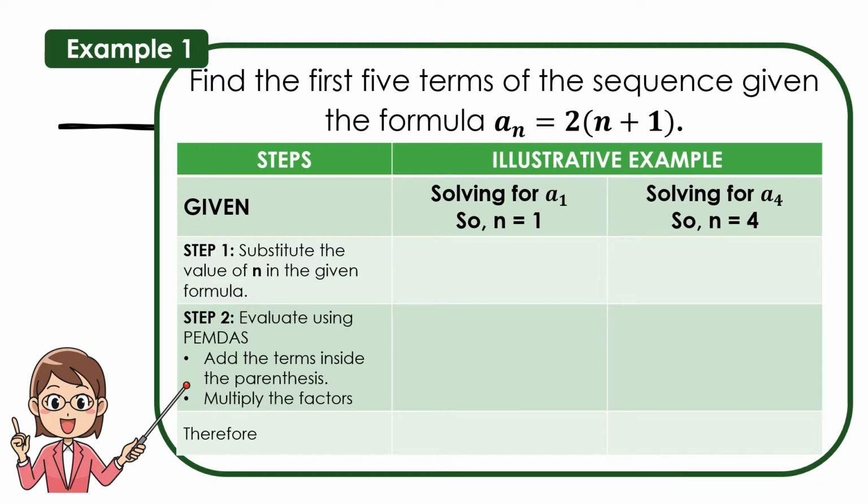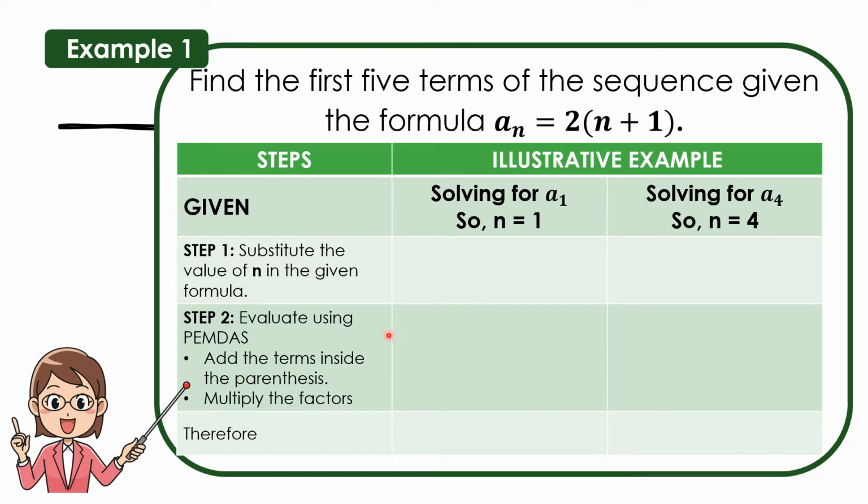Since we want to find the first 5 terms of the sequence, n becomes n is equal to 1, n is equal to 2, n is equal to 3, n is equal to 4, and n is equal to 5. Let us solve for the first and fourth terms, n is equal to 1 and n is equal to 4.